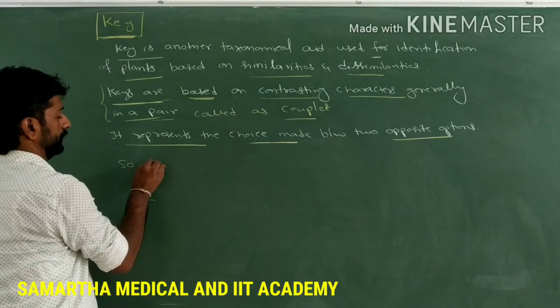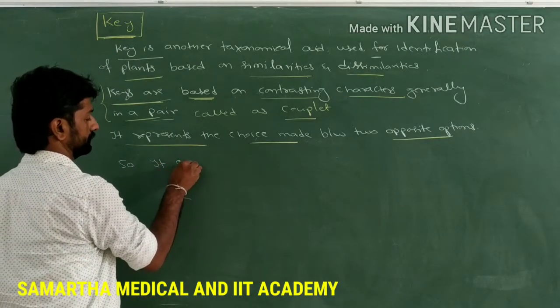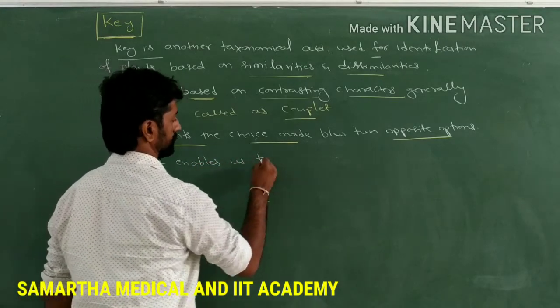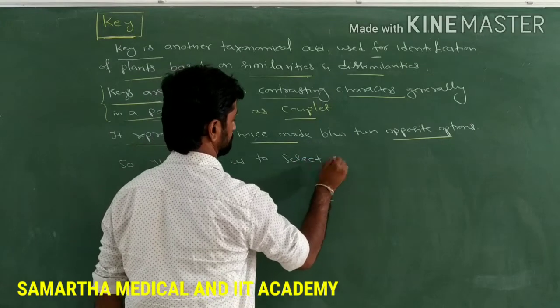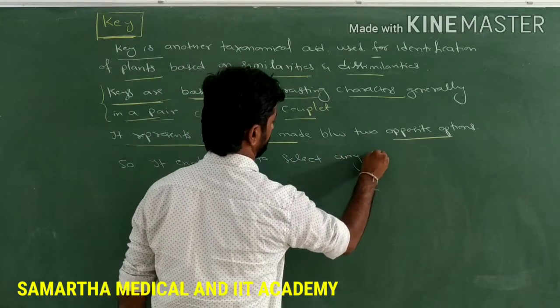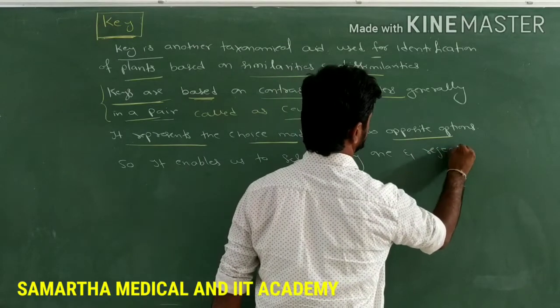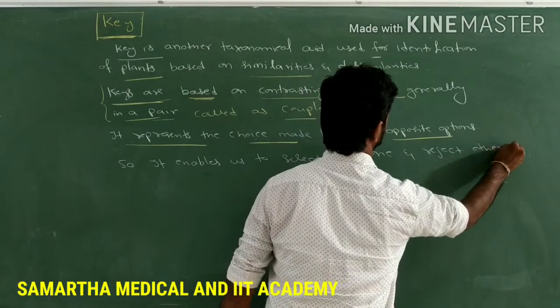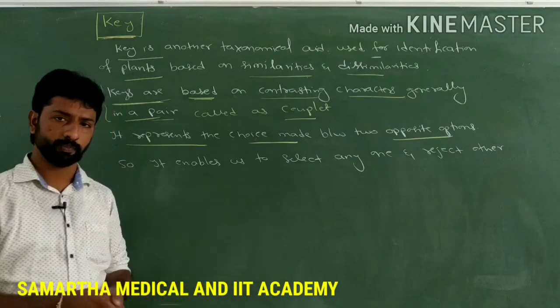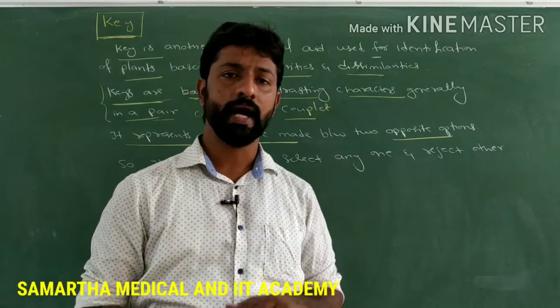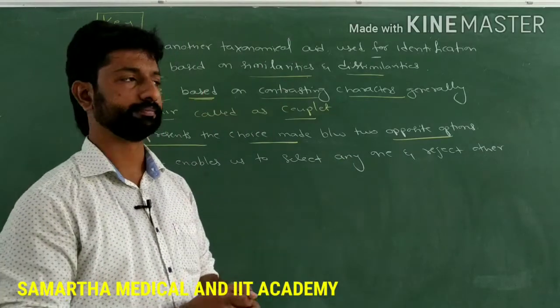It enables us to select any one and reject the other. When two contrasting or opposite options are present, we need to select any one and reject the other one.